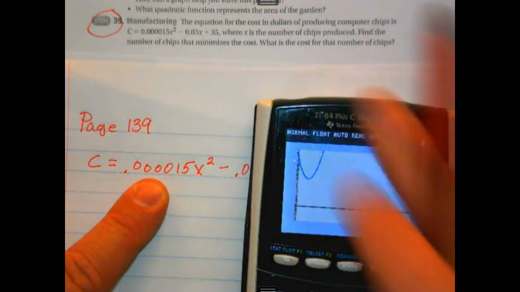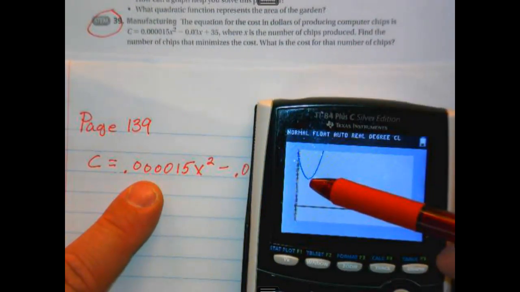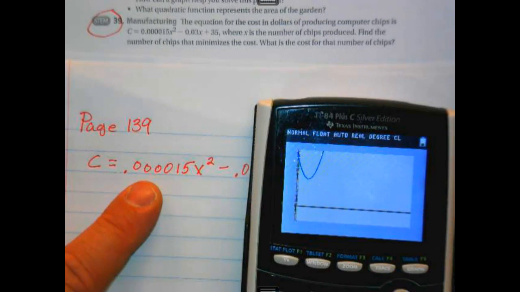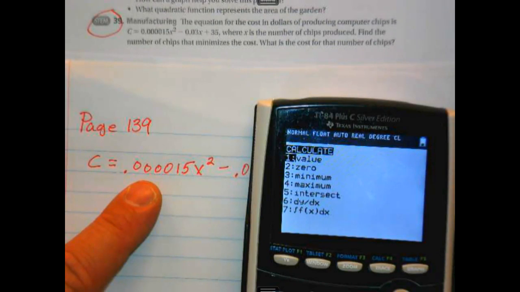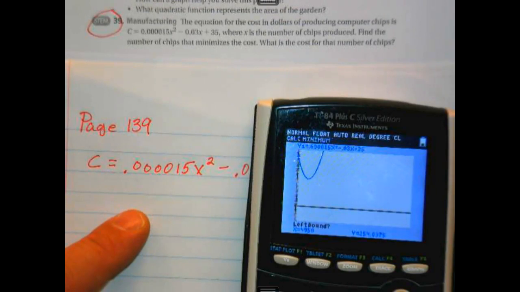We need to find our minimum cost because we have a minimum point, right? So let's go to second trace. This time we're going to look for the minimum, 3, hit enter. My x right now is at 5,000. Bring it down with the cursor. 10,000 is way too big, so let's bring it down to 2,000.